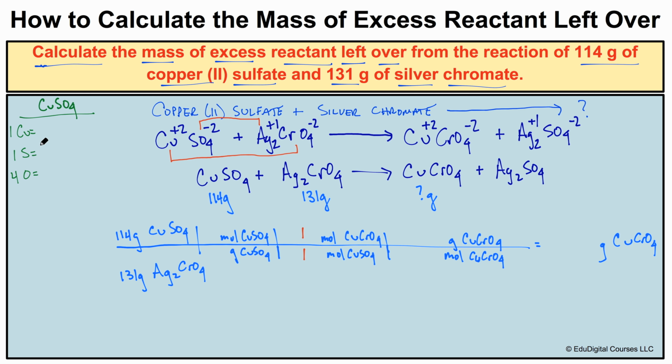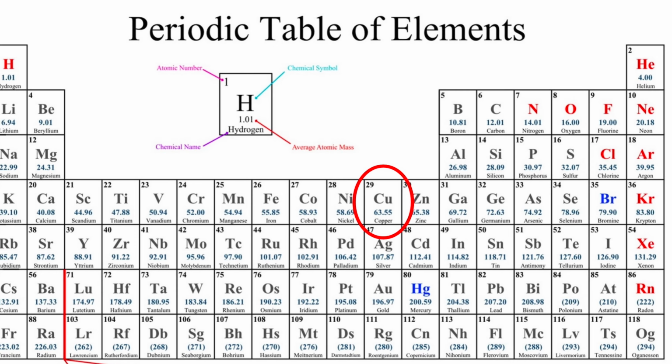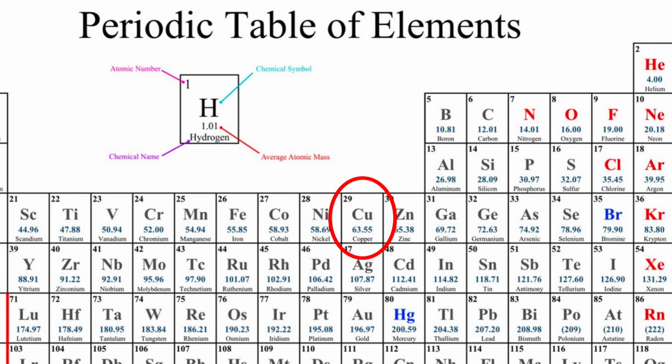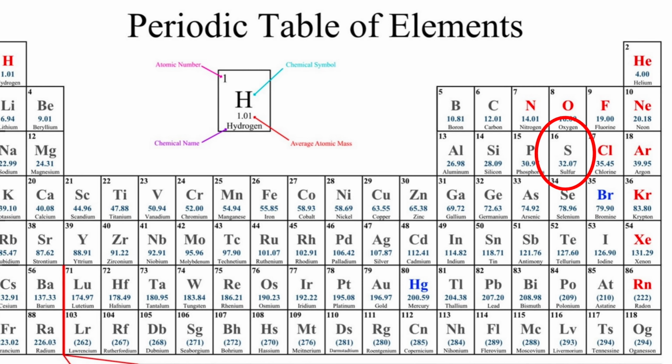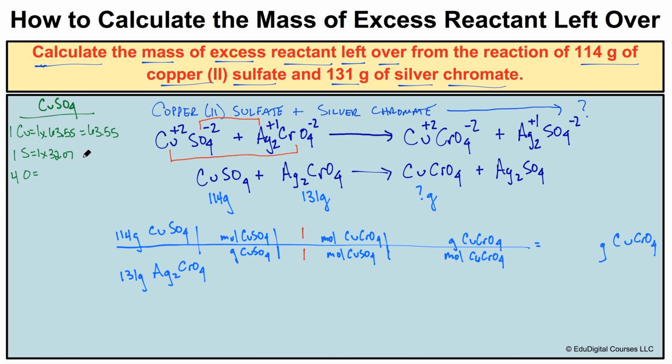So we're going to take 1 times the molar mass of copper, which is 63.55. If we take a look on our periodic table of elements, this will give us 63.55. Sulfur, we'll take 1 times the molar mass of sulfur, which is 32.07.